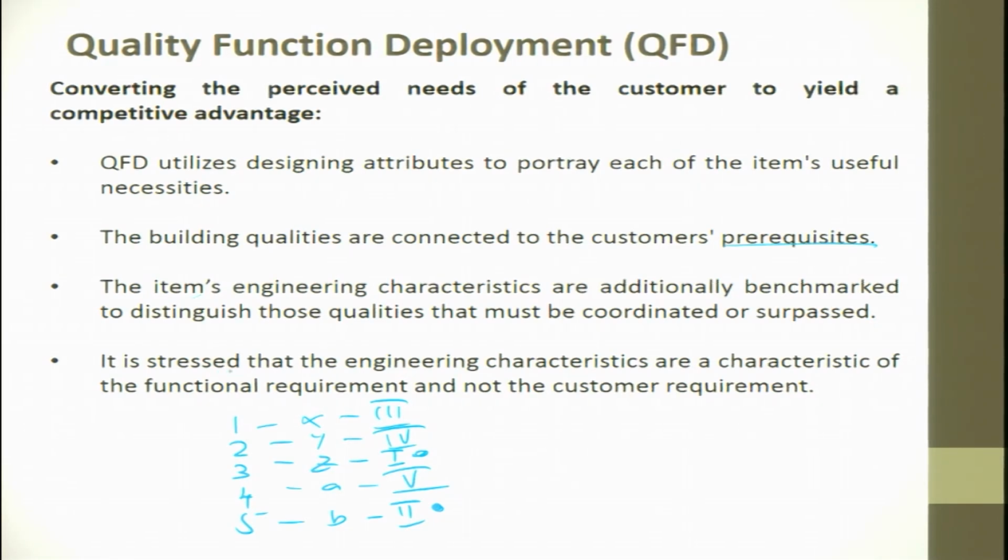It is stressed that the engineering characteristics are the characteristics of the functional requirement, because here the customer's requirement, the customer need, has to be converted to functional requirements of the product, right. So, engineering characteristics are the characteristics of the functional requirement and not the customer requirement.